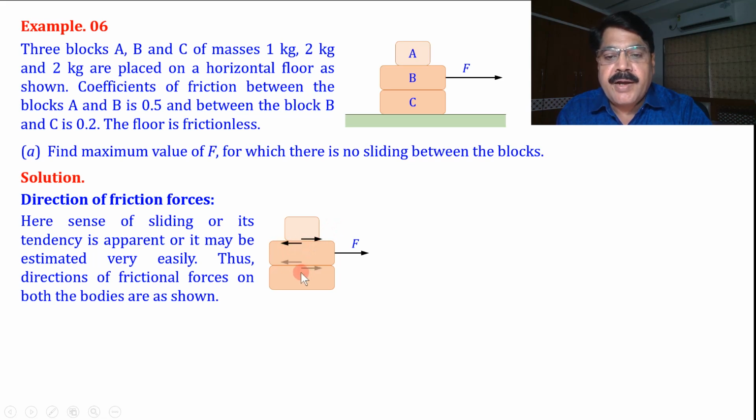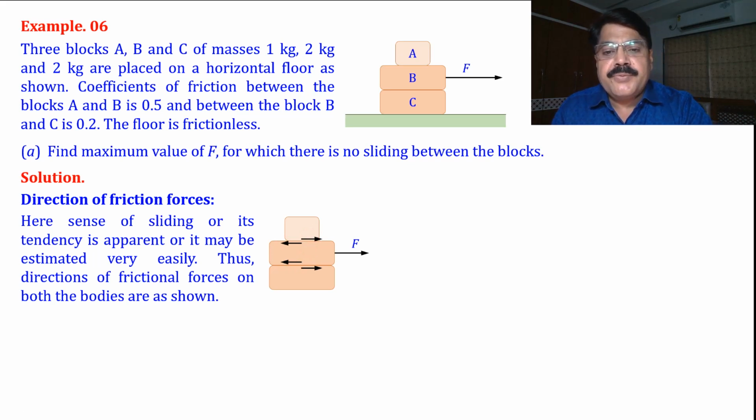So here again, this friction will be forward and this backward. How can we decide it? By finding relative acceleration, assuming friction to be 0. Because if you assume friction to be 0, block B will move forward and A and C will remain where they are. So block B will move forward as compared to A, so friction on B will be backward, and on A forward. Similarly here.